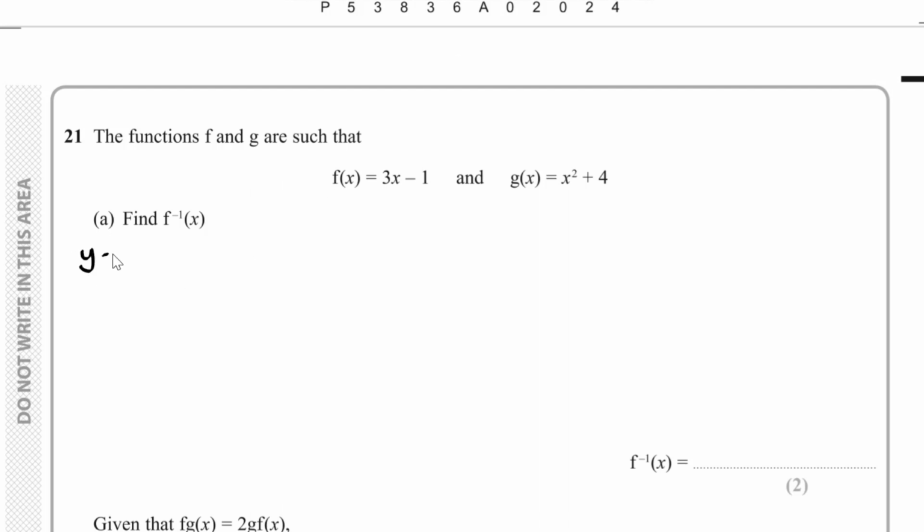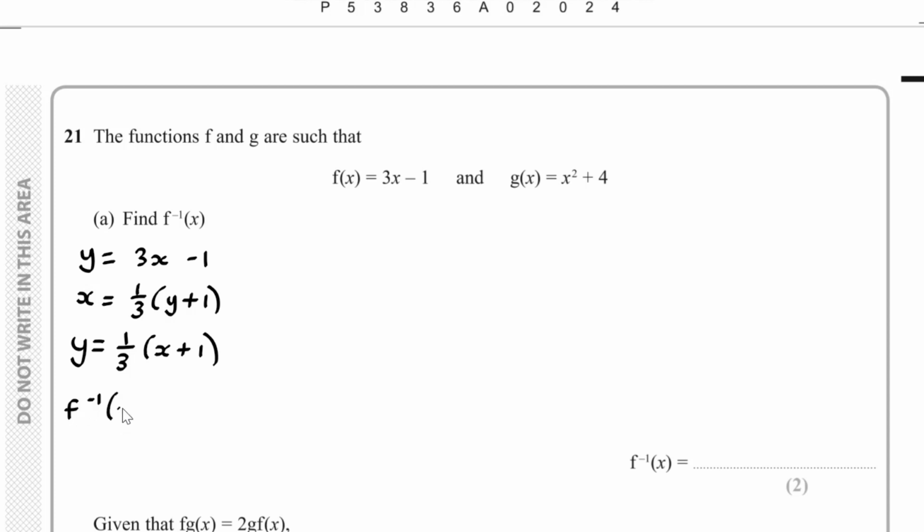So we've got y equals 3x minus 1. We then rearrange for x. So we see that x is equal to 1/3 of y plus 1. We then swap the x and y. So we've got y equals 1/3 of x plus 1. We then replace the y with the inverse of f. So the inverse of f is equal to 1/3 of x plus 1.